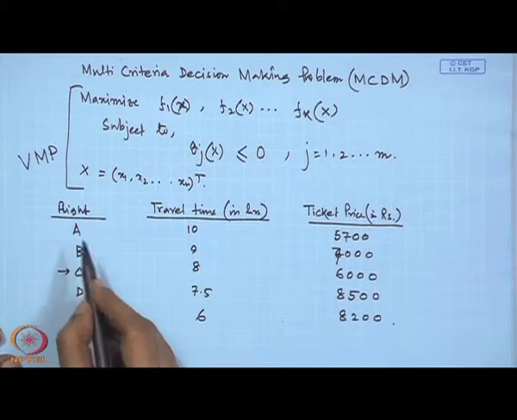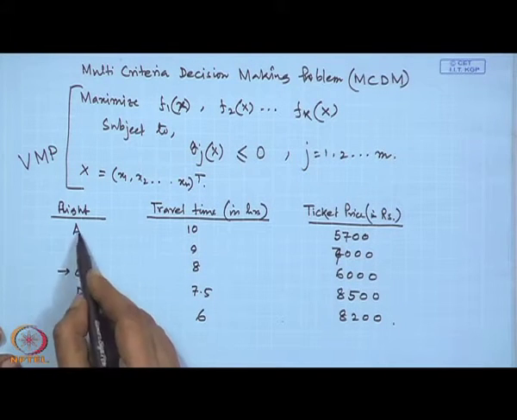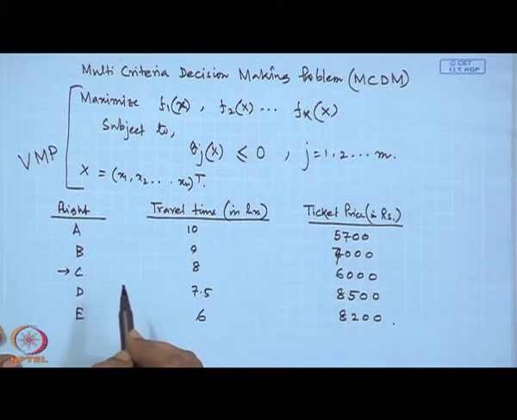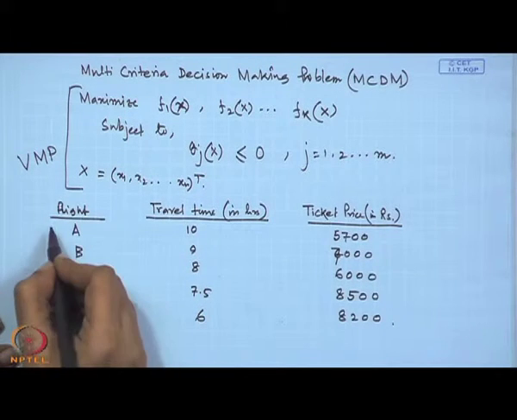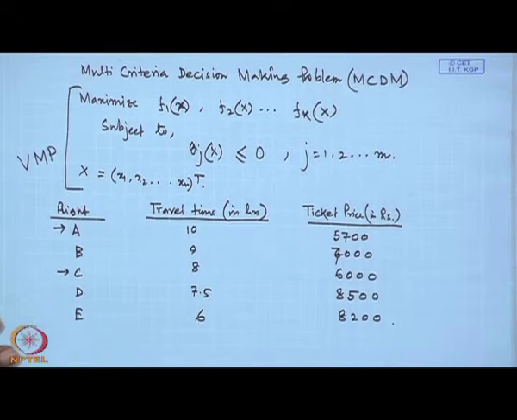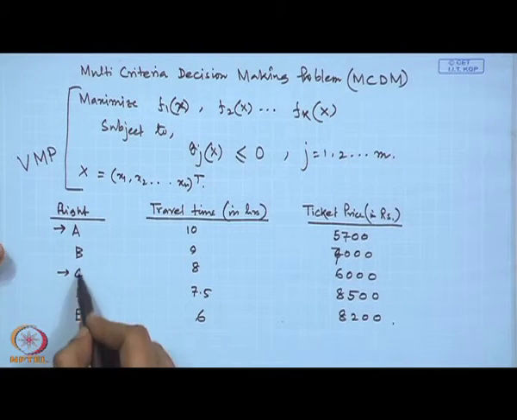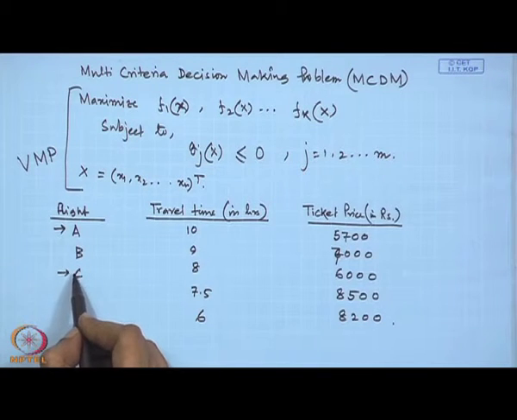We cannot take a decision about A and C, because both are equally acceptable to me, both are non-dominated to each other, both are non-inferior to each other. That is why between A and C we cannot select, but it is sure that between B and C we should select C, not B.